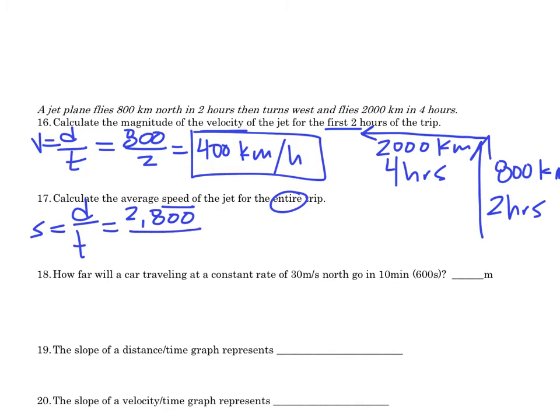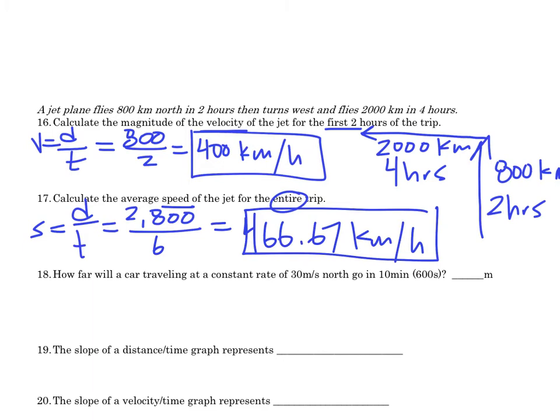And the total time it took is 2 hours plus 4 hours, which gives me 6 hours. So 2,800 divided by 6 equals 466.67 kilometers per hour.